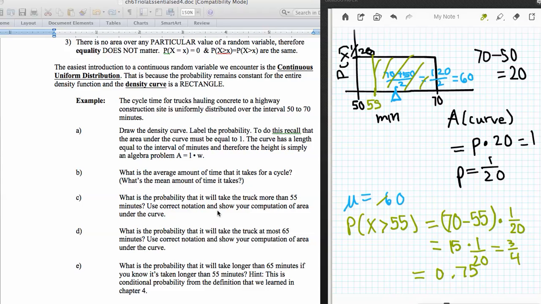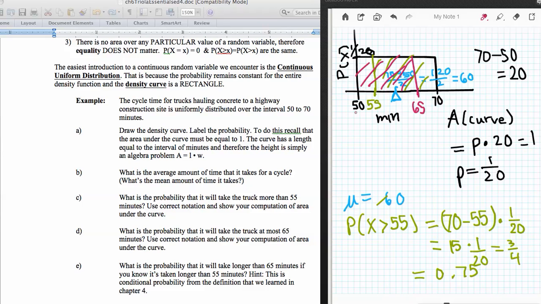Now our next question says, what is the probability that it will take the truck at most 65? So at most 65, now we're saying up here, and that is the most that it will take us. So we would be looking for this area down here. Well, these two are actually pretty much the same areas, right?